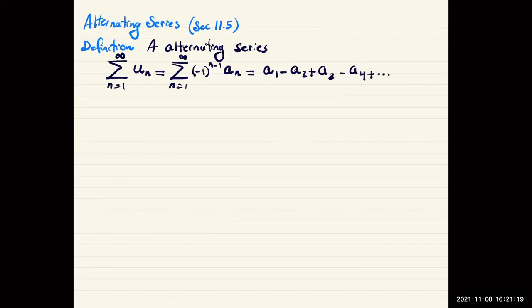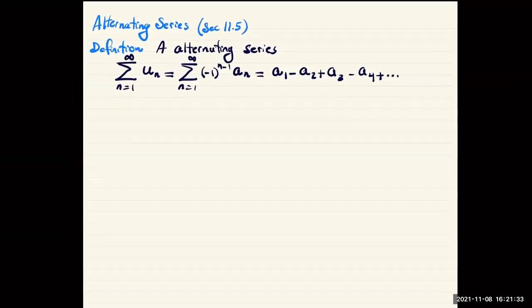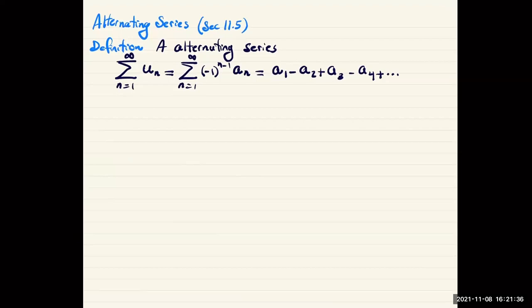The way I wrote down the form of an alternating series is that the first term is positive. It doesn't have to be. Some alternating series have a negative first term.